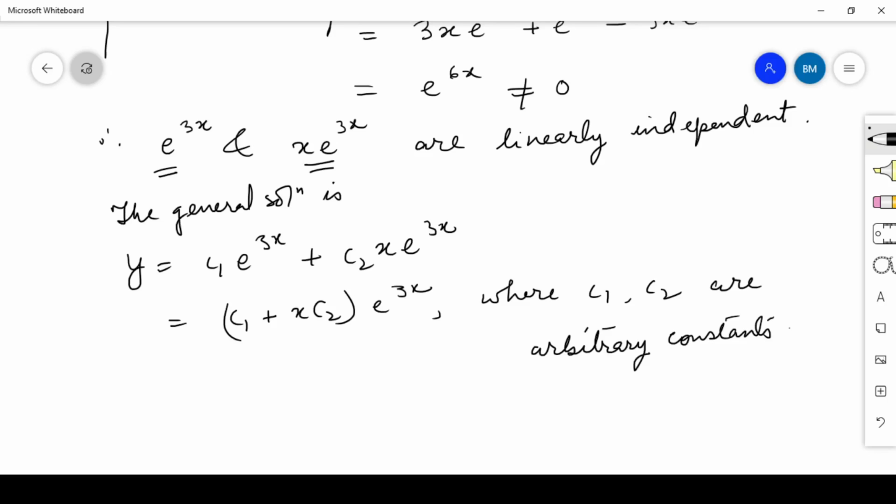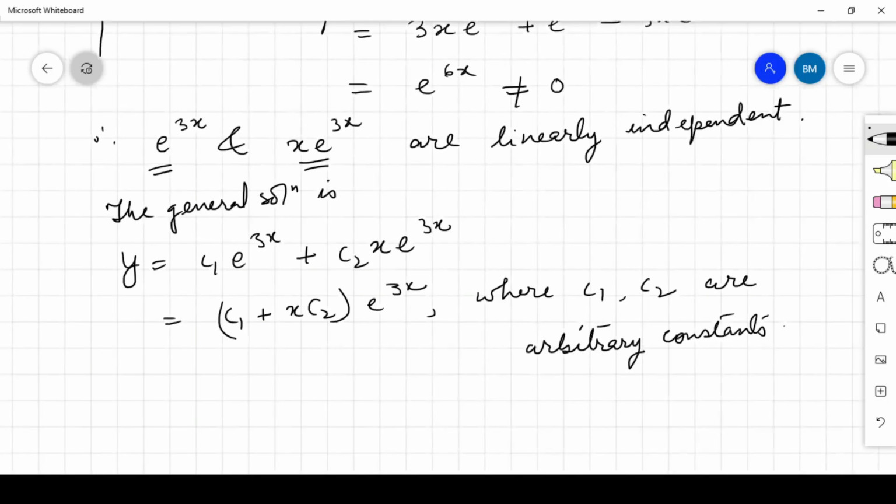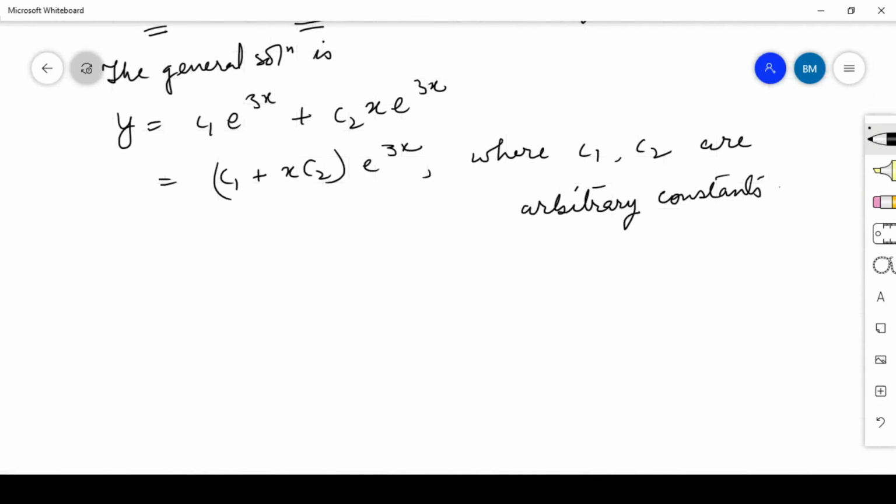Actually, the reason behind writing the general solution in this form, when two or more roots of the auxiliary equation are equal, is this. I hope that you have understood.